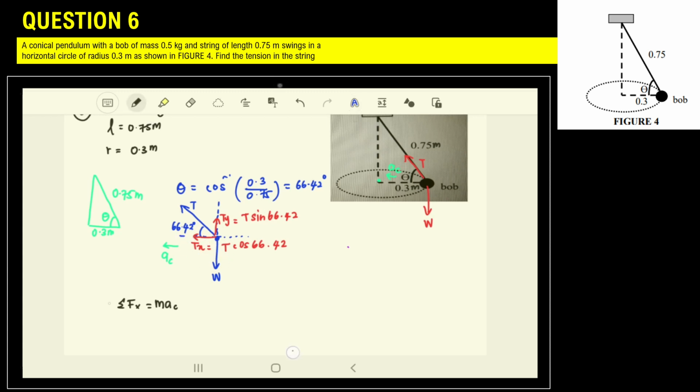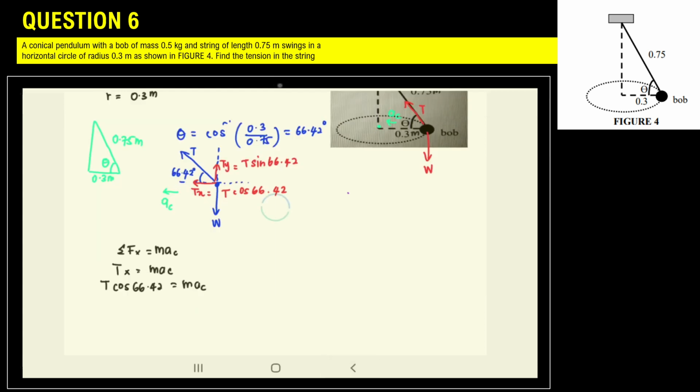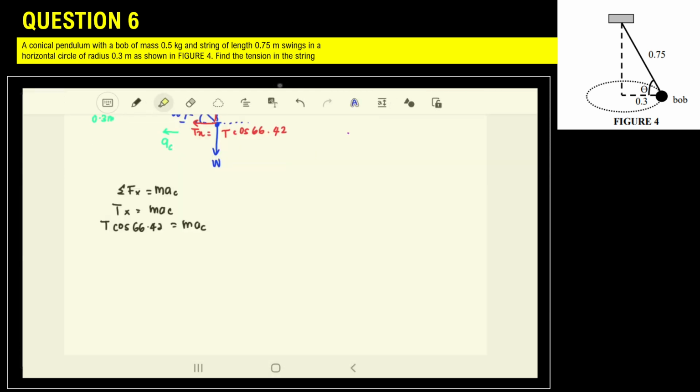So Tx equals T cos 66.42 equals m a_c. We want to solve for T, the tension in the string, but we don't have the centripetal acceleration, so we cannot use this equation.